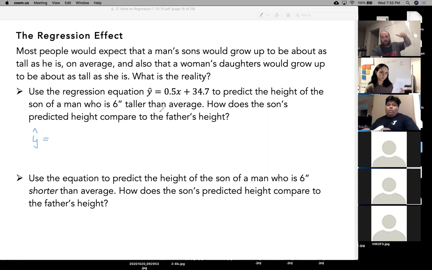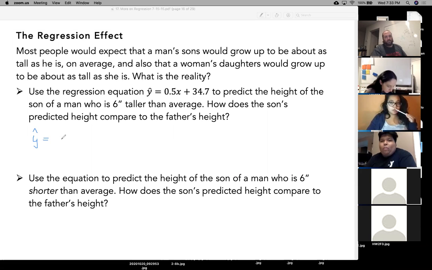Y hat equals Y bar plus the whole thing that we just did. What's Y bar? Y bar is 69.4? Yeah. So the average Y value, which is the son's height, because fathers are predicting sons. So father is the X, sons are the Y. Y bar is 69.4 plus, what's the R value?